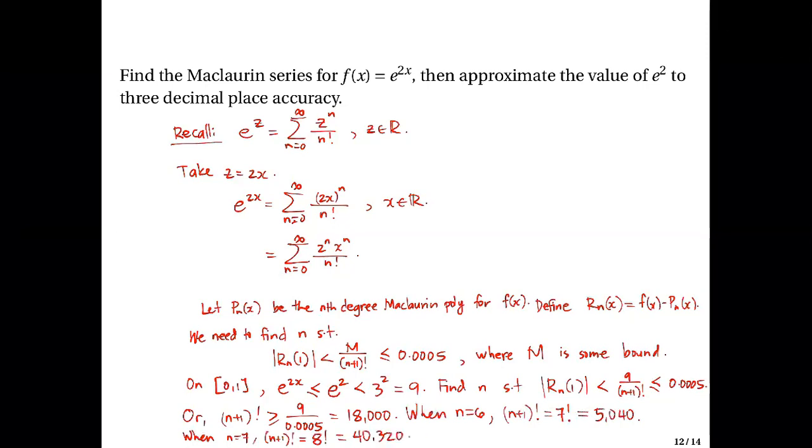This means we have to take n equals 7, because this one will be greater than 18,000. If you chose n equals 6, we'd just get 5,040. So we take n equals 7.